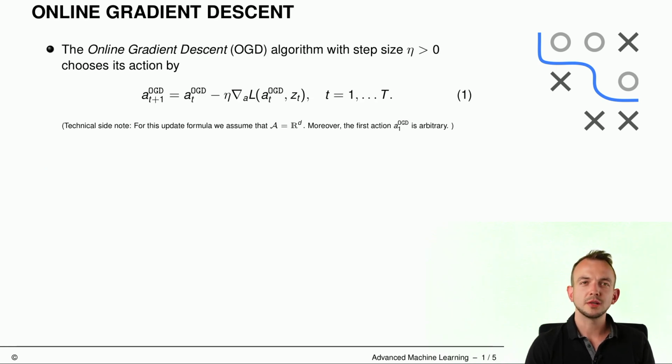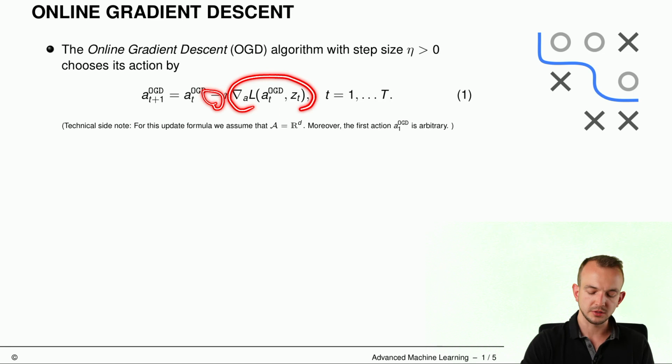So let us recall what the online gradient descent algorithm is doing. It has a parameter, its step size, very similar to the gradient descent algorithm we know from optimization. It chooses the action as follows. The next action is given by the previous action, which we update in the direction of the steepest decrease of the current loss, represented by the gradient of the loss function evaluated at the most recent points.